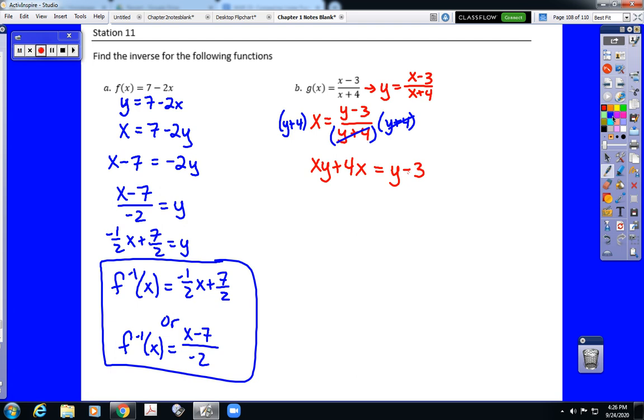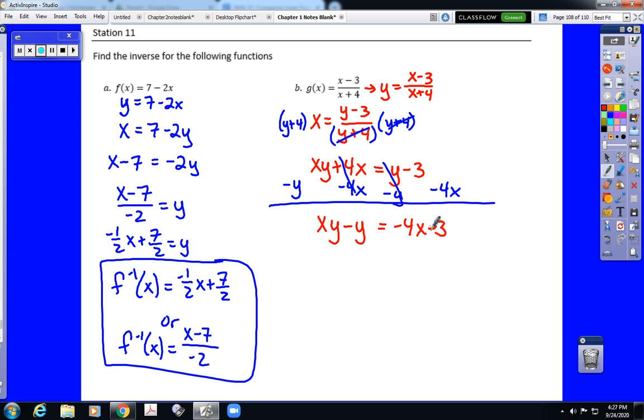Remember, the idea is to solve for y. So we need to move the y terms to one side and the non-y terms to one side. So when we do that, we are left with xy minus y equals -4x minus 3. We factor the y out of the left side, which is y times x minus 1 equals -4x minus 3.